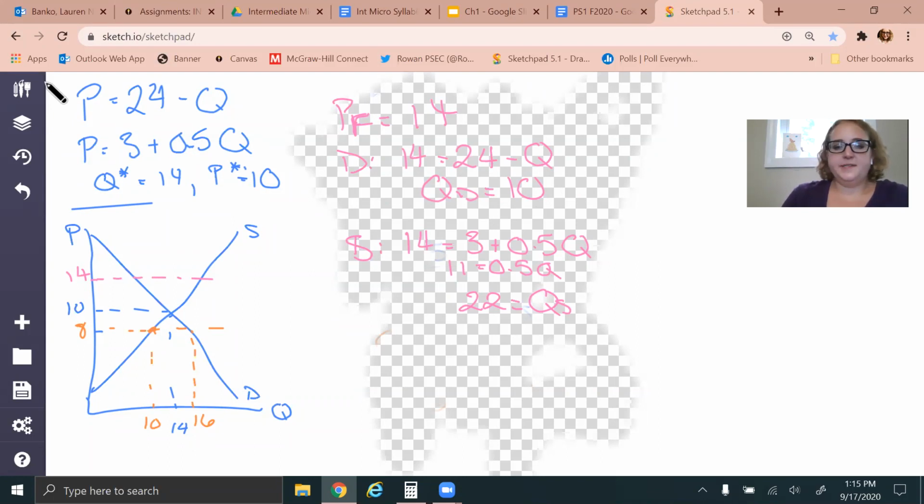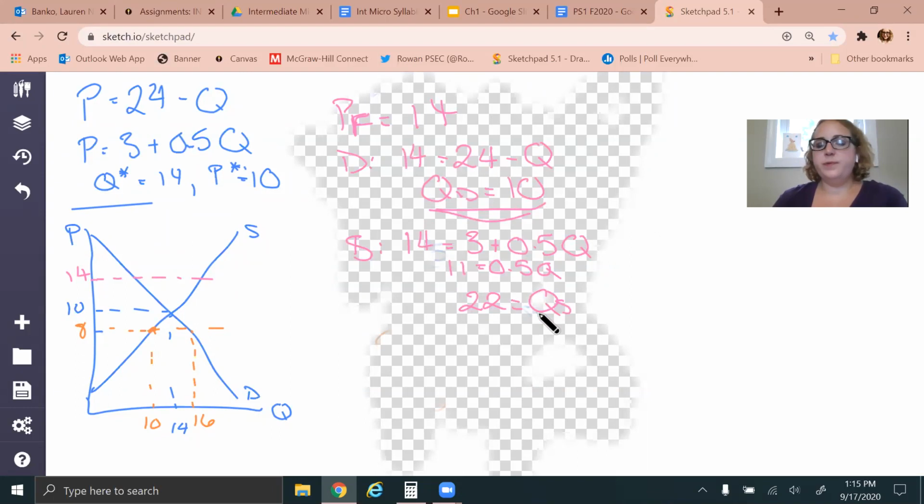What is the quantity that's sold in the market here? The quantity sold in the market is still 10. It's the same number, just of how they worked it. It doesn't have to be the same. But now it's the lower of these, like it was for a ceiling.